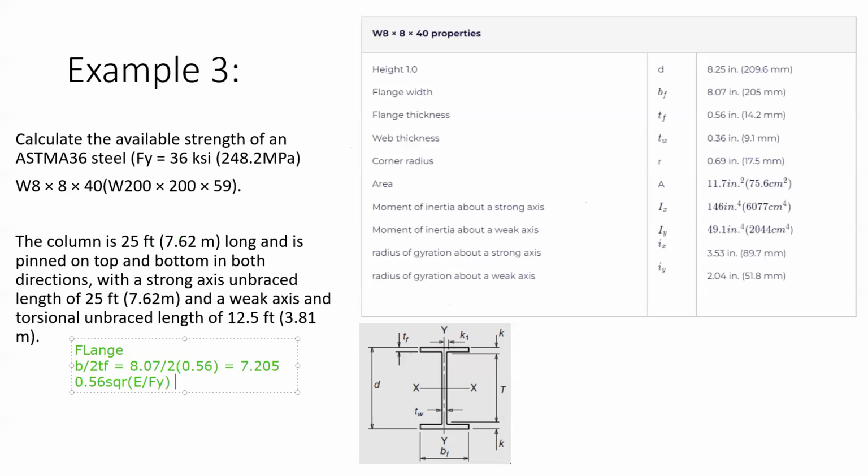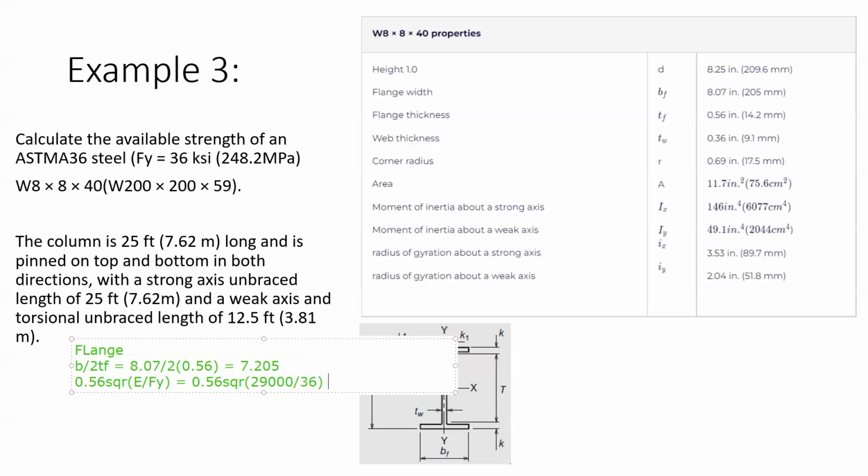Our E is 29,000 since we're using KSI. So this is 0.56 times the square root of 29,000 over the Fy of A36, which means it's 36 KSI. So over 36. Ilan to?